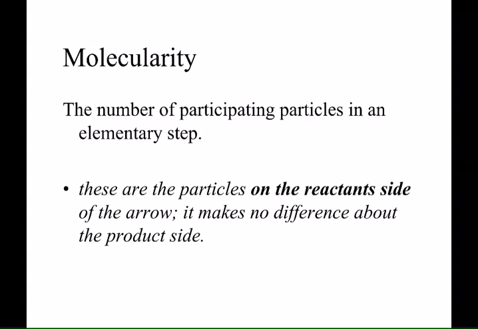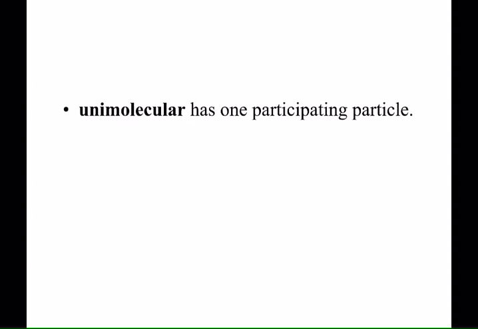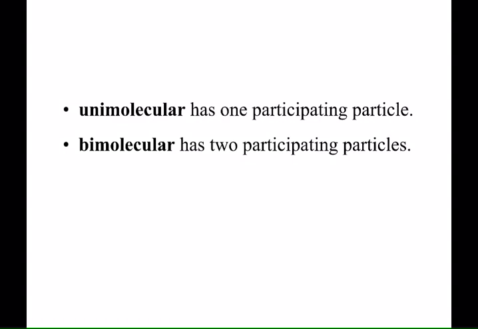So we have a couple of options with regard to molecularity. We have uni, meaning mono, meaning one, like a unicycle, one wheel. Unimolecular means that elementary step has only one of those particles. Bicycle, instead of a unicycle: bimolecular.